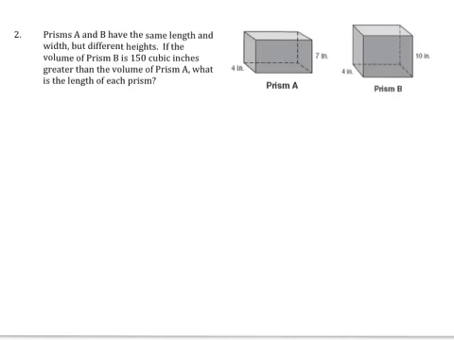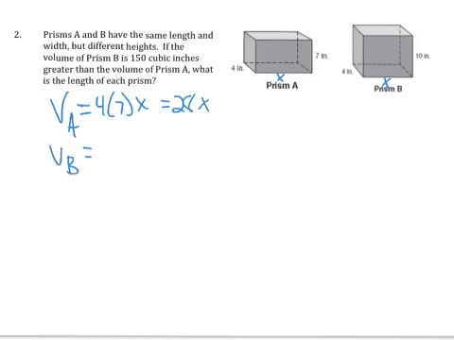So they do share the same length, so I will label that length x, and we know the volume of prism A, we could say, is 4 times 7 times x, so that's 28x. And the volume of B is going to be 4 times 10 times x, so that's 40x.